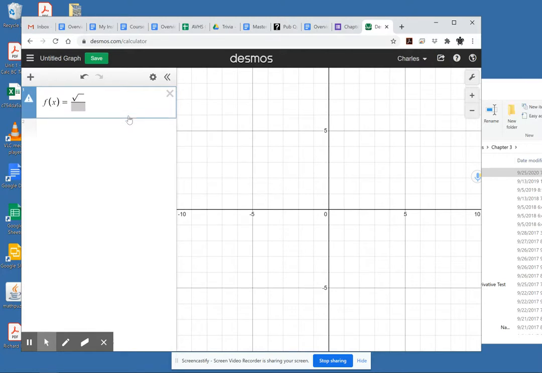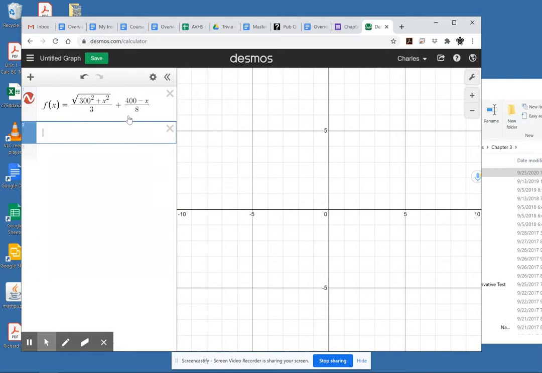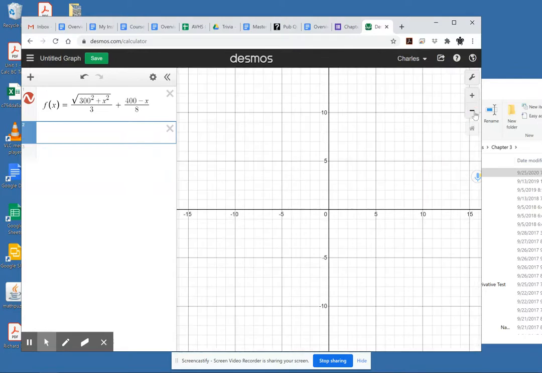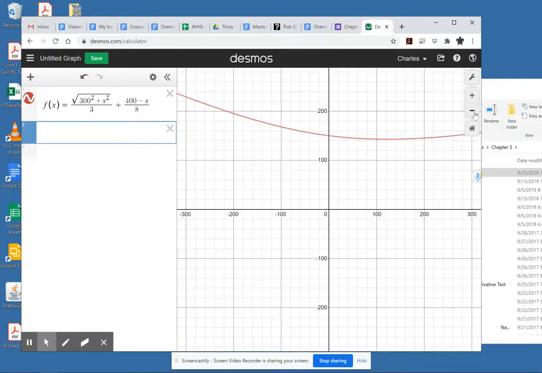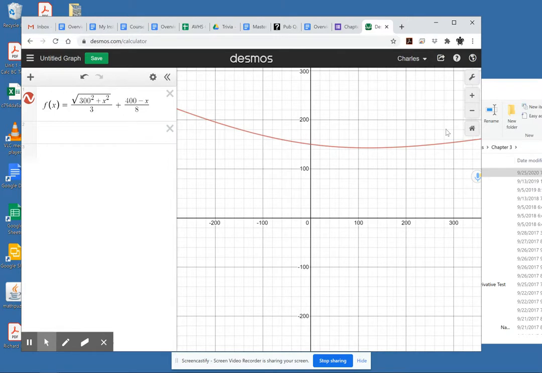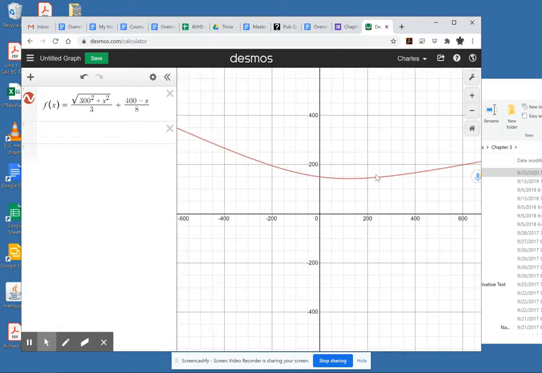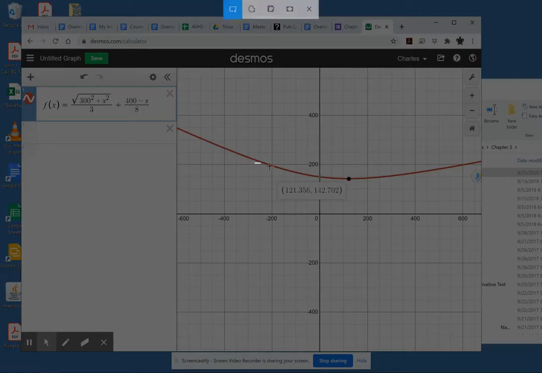But let's see, 300 squared plus x squared, divided by 3, plus the other part. It's off the charts, so I'm going to zoom out and see. The nice thing about Desmos is that you just get near it and it'll tell you what your minimum point is. So this is my minimum point here.